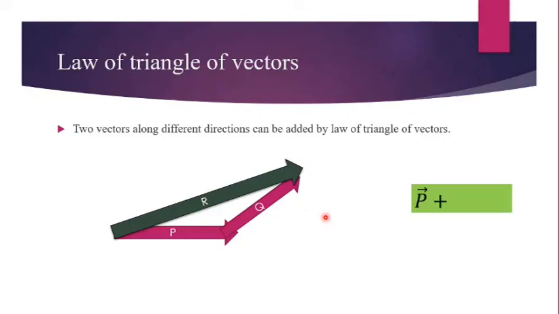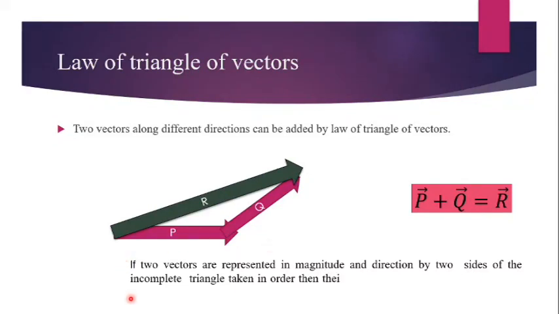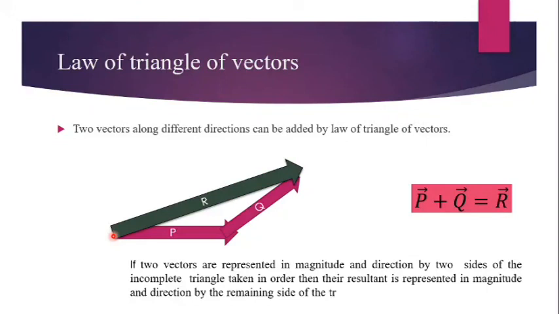If two vectors are represented in magnitude and direction by two sides of a triangle taken in order, then the resultant is represented in magnitude and direction by the remaining side of the triangle, drawn from the starting point of the first vector to the end point of the second vector.